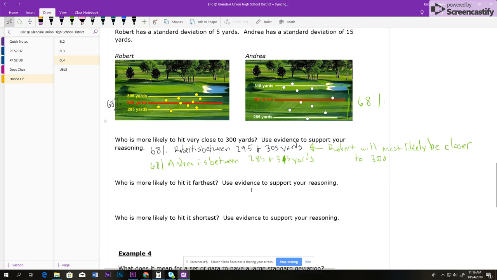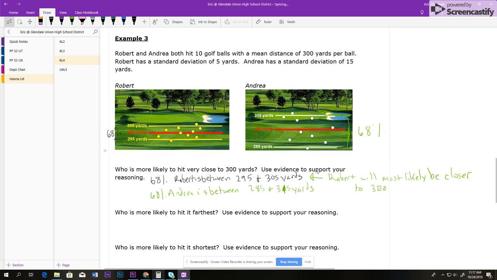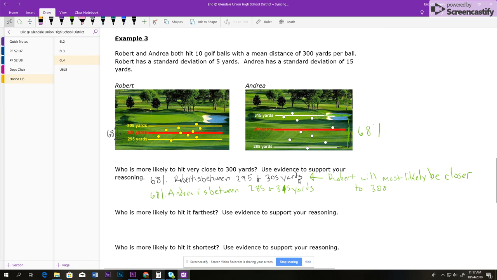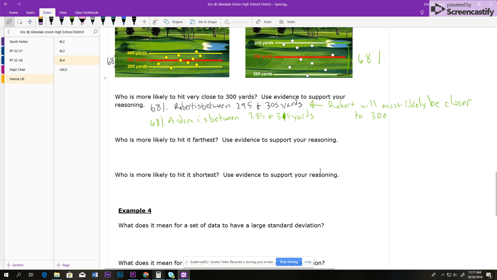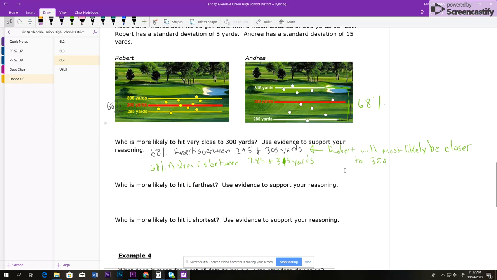All right, who is more likely to hit the ball the farthest? Use evidence to support your answer. Well, the only evidence that we need is a standard deviation.